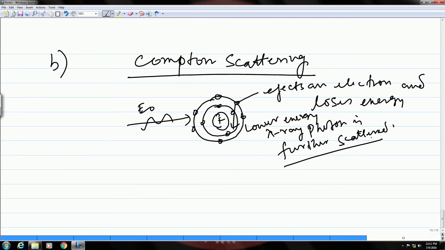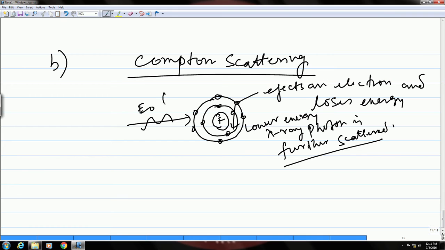So, here two different phenomena are simultaneously taking place. First, the ejection of the electrons, and due to that process the X-ray photon loses some energy, and that lower energy photon is further scattered by the atom.